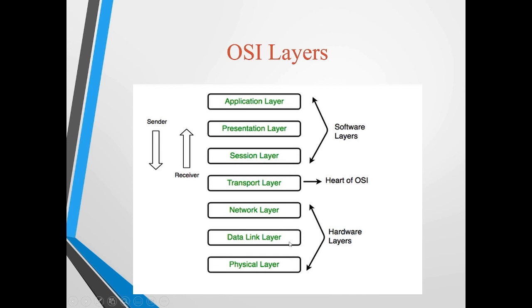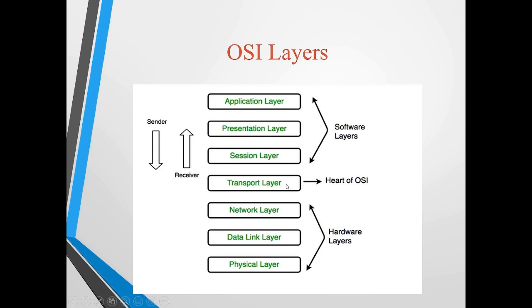What is the role of the other layers? The physical layer works on the physical connection. The data link layer works on the MAC addresses. The network layer works on the IP addresses. After that come the transport layer, session layer, presentation layer, and application layer.